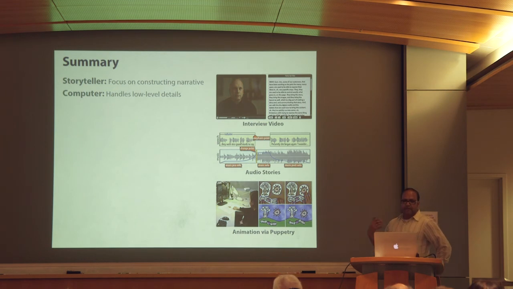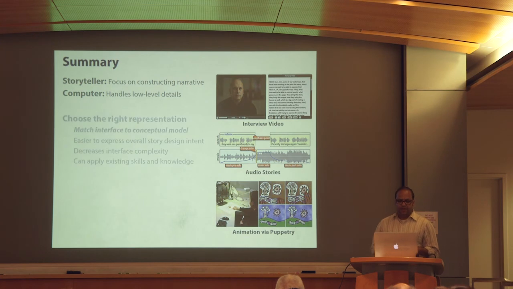All right, so what I've shown you are storytelling tools that allow the storyteller to focus on building the narrative, while the computer handles some of the lower level details in managing the media and putting the story together. And I think this work is built on two key ideas. First, storytelling interfaces should use representations that match the user's conceptual model as much as possible.